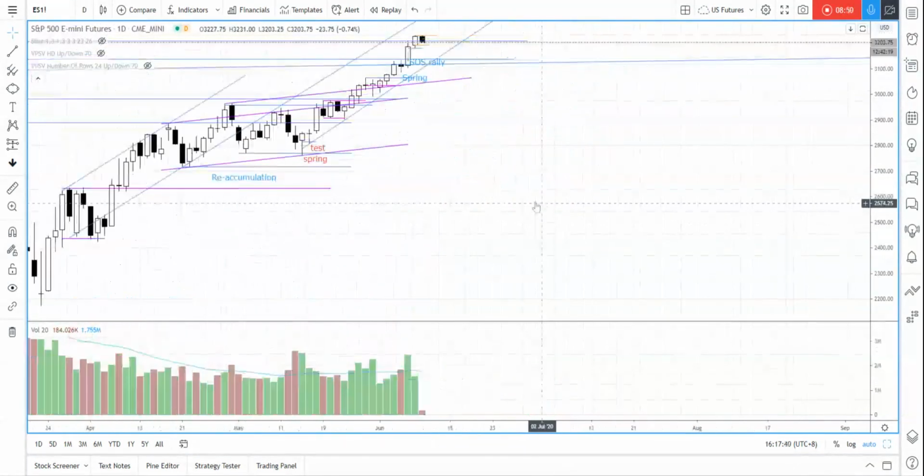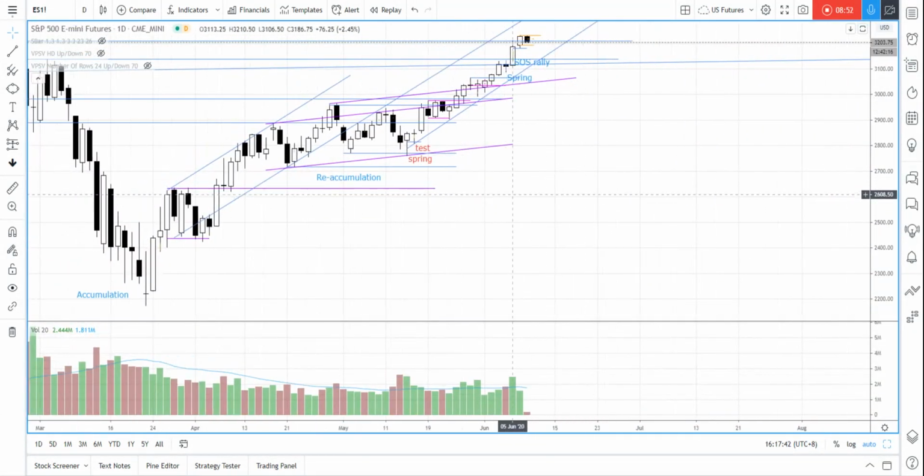narrow and tight given the relatively high volume level. So I think we still have quite significant supply here.